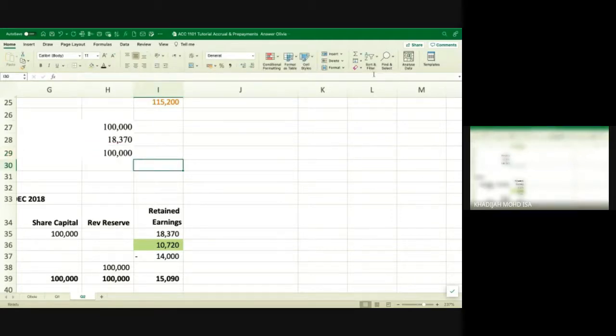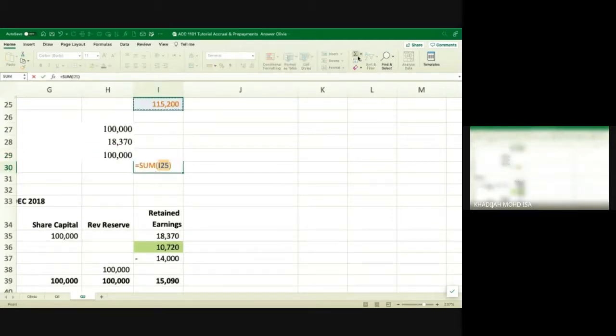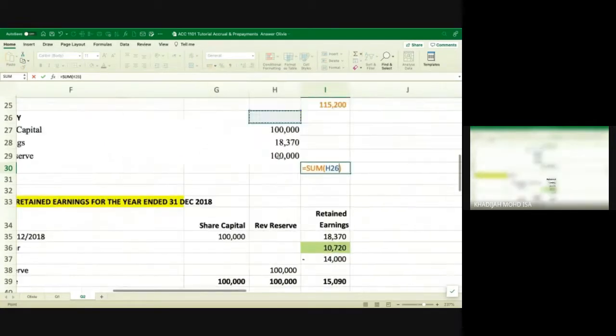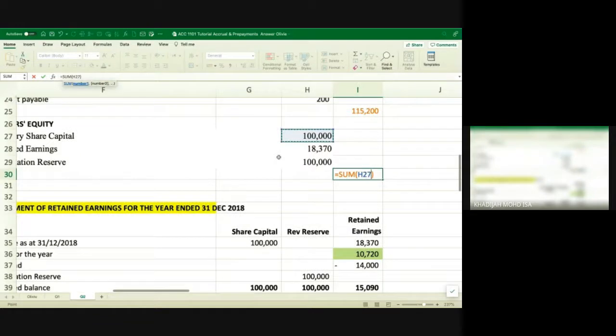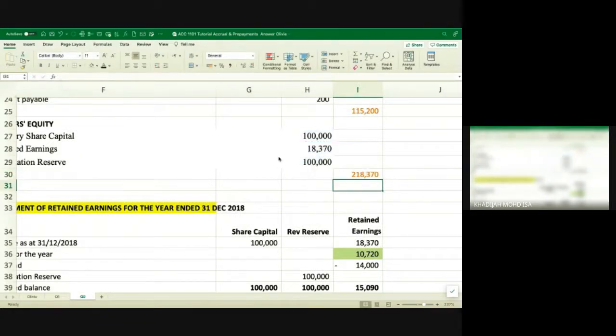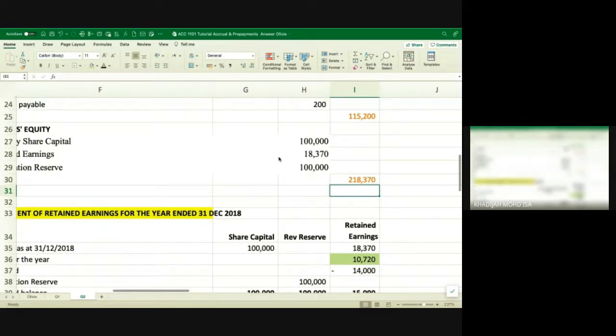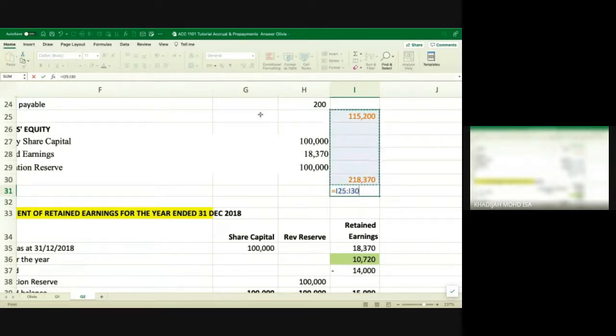So what is my total owner's equity? Remember this, my share capital plus my retained earning plus my revaluation reserve. I have 218,370. So if I add on my liabilities to my owner's equity, I should have the same amount as my asset.